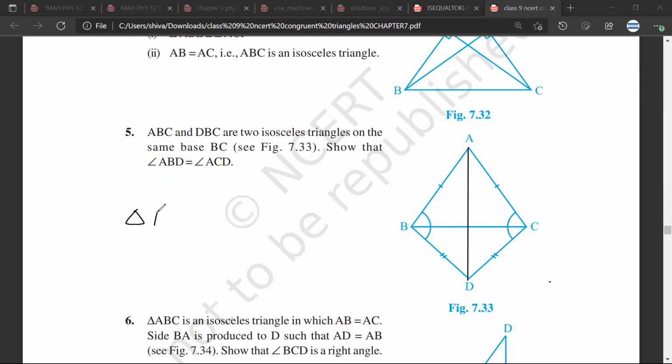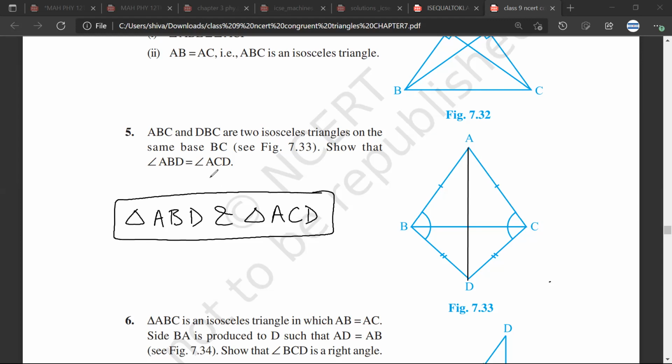And then CD and BD are also congruent. So angle BCD and angle DBC are congruent.